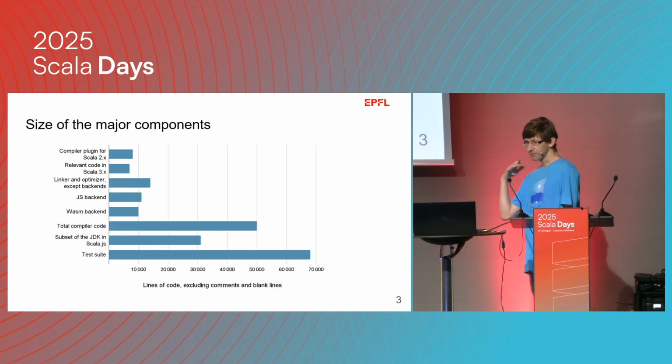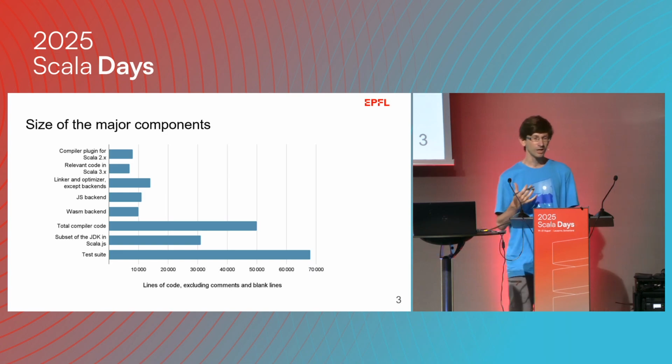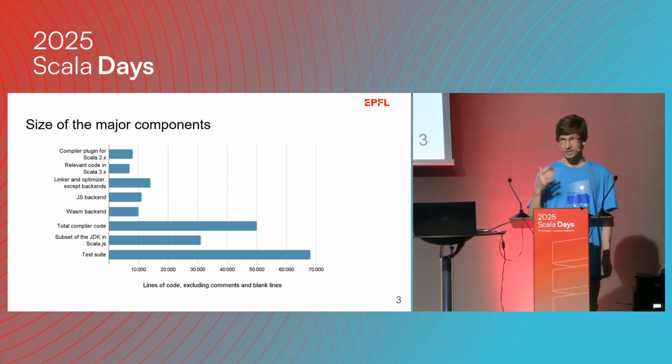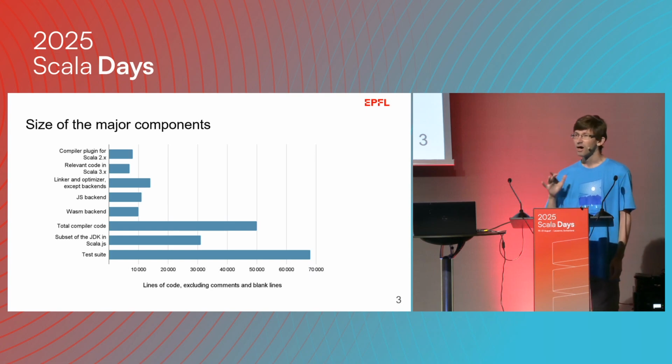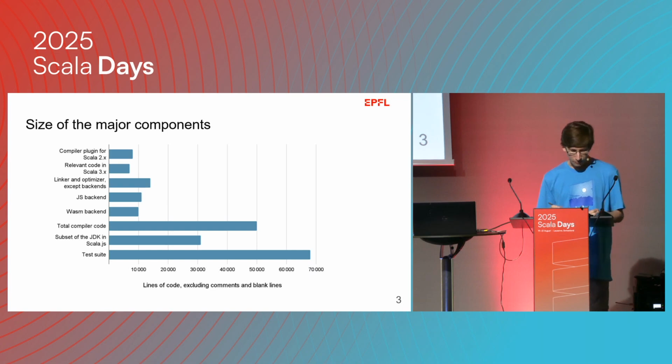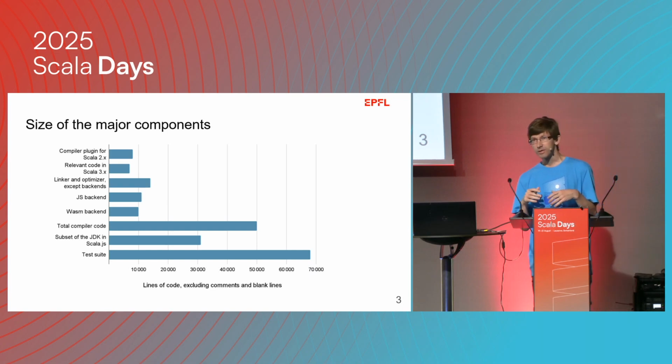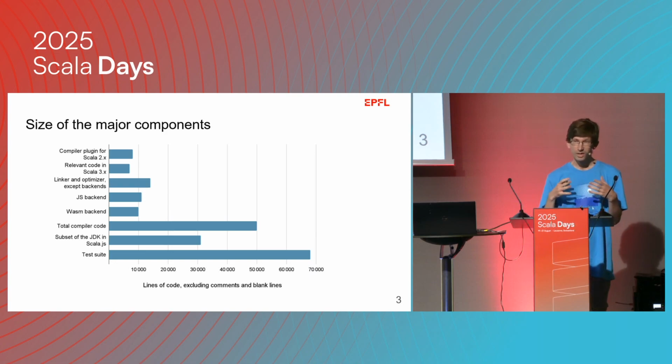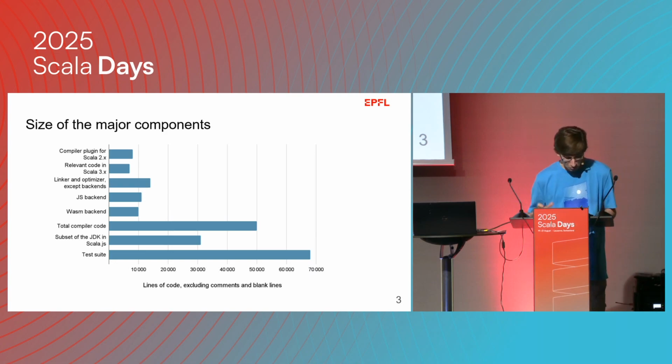So in terms of coding effort and engineering effort, it's worth looking at the relative sizes of the various moving pieces of this whole architecture, right? So we have the compiler plugin for Scala 2, which is around 9,000 lines of code.